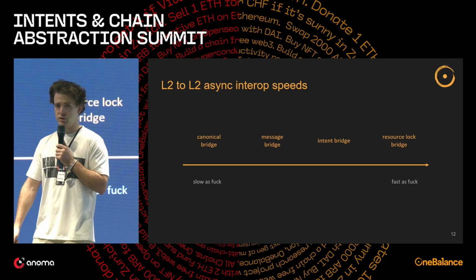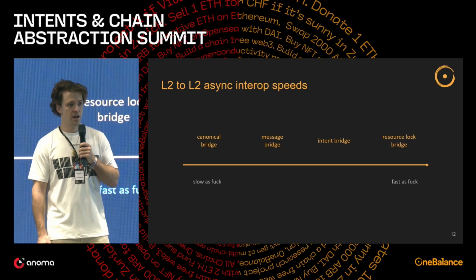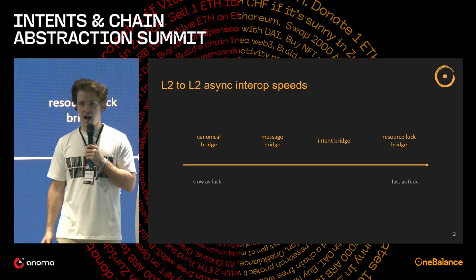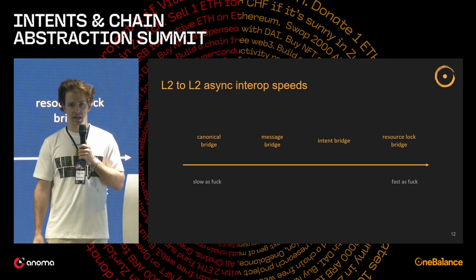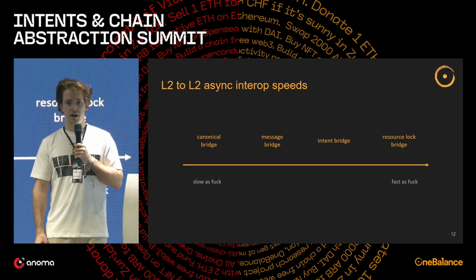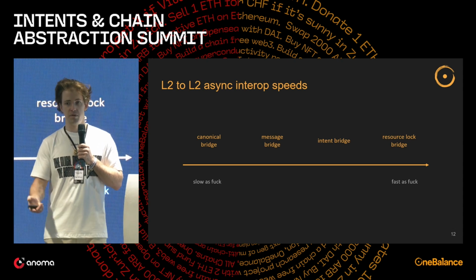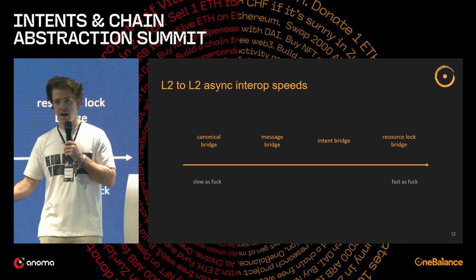You have arbitrary message passing bridges, where maybe you don't need to wait through the entire finality period. Maybe you can have some gadget that allows you to do this a little bit faster. You still have to wait for the finality on the source chain, but maybe you're willing to take a little bit more risk on the finality and pass a message.